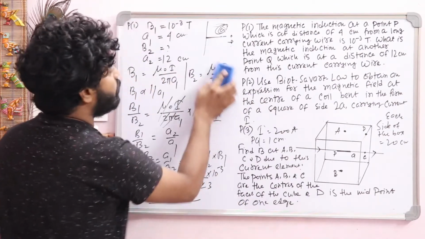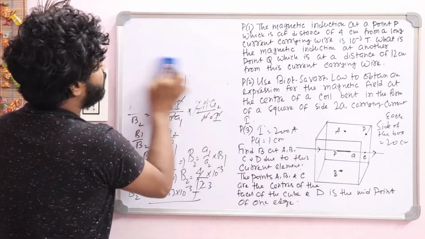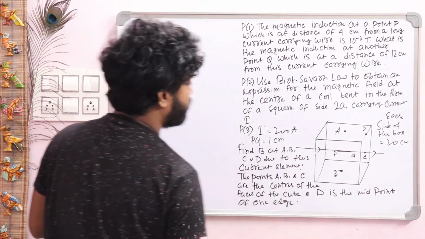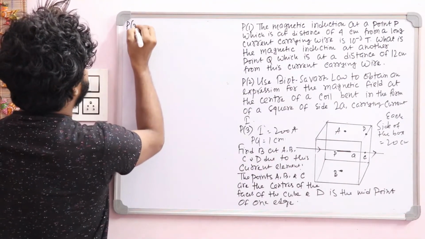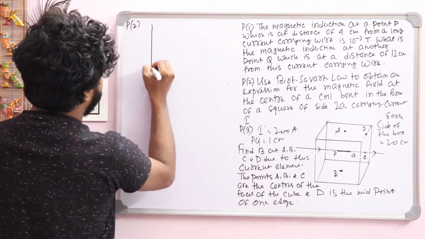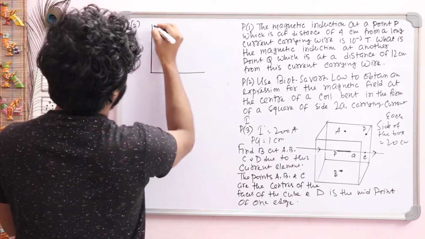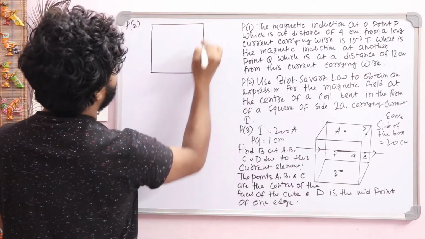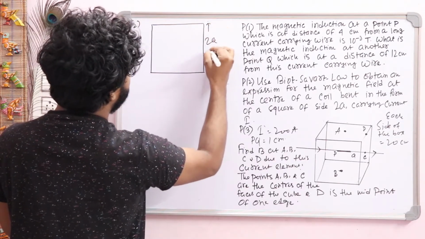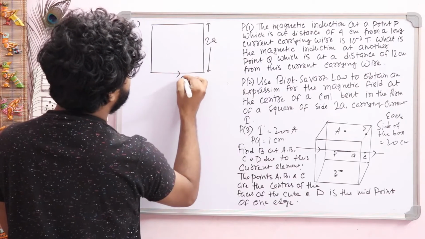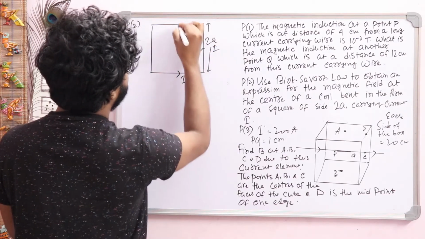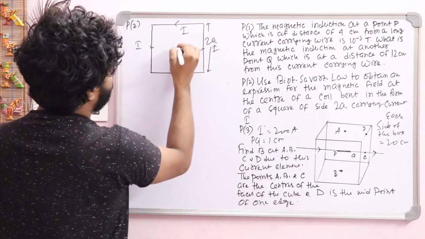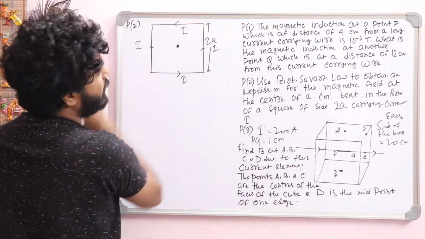Okay, so our second problem, at first draw the diagram. Problem 2: a wire, a coil is bent into the form of a square, this is a square of side 2a carrying current, suppose carrying current I. Now you have to find out the magnetic field at the center.